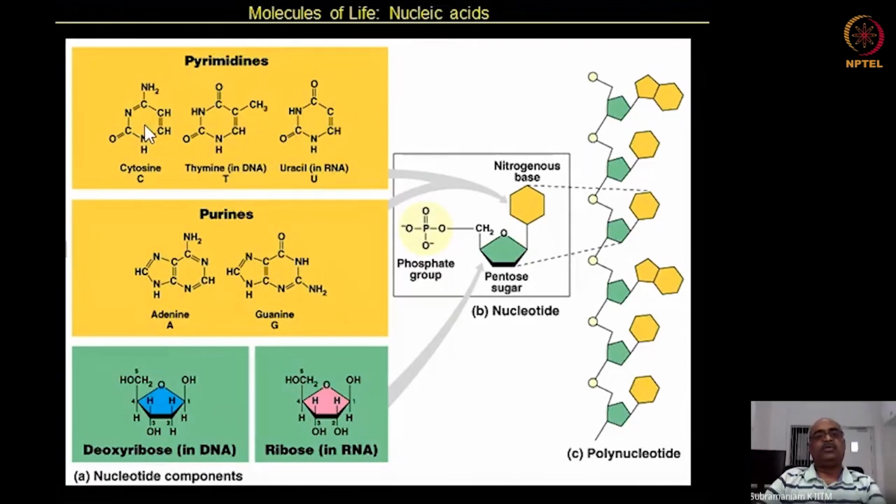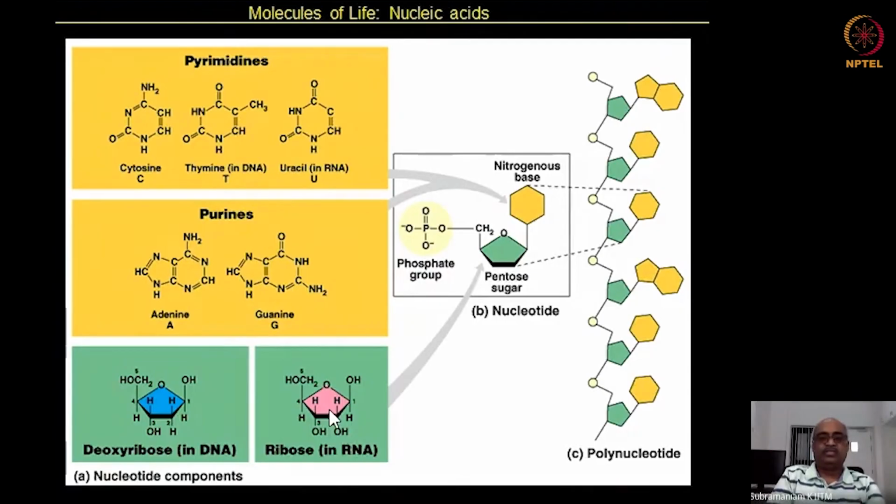So these are numbered 1, 2, 3, 4, 5, 6. As a result, to distinguish between the two, the nitrogenous base ring atoms are numbered 1, 2, 3, and the sugar atoms are numbered 1 prime, 2 prime, etc.